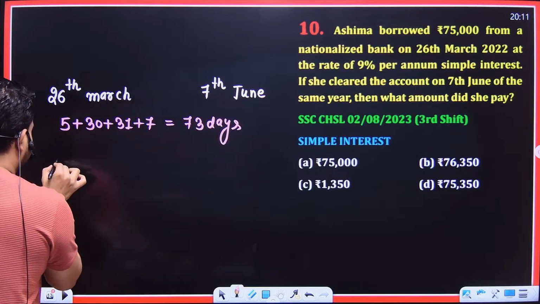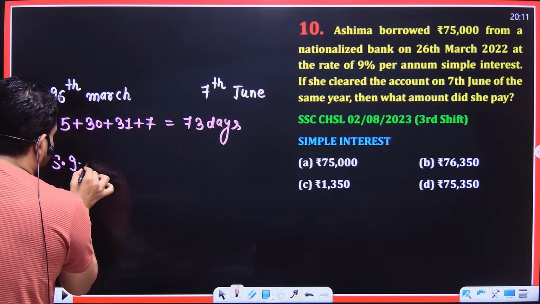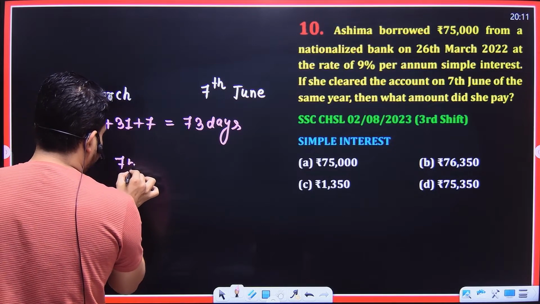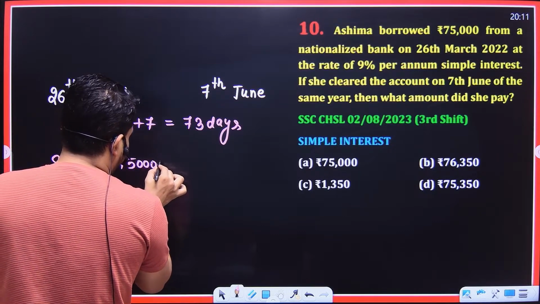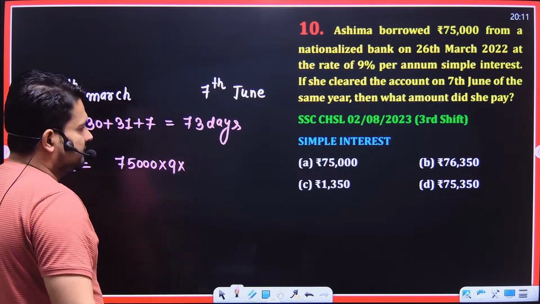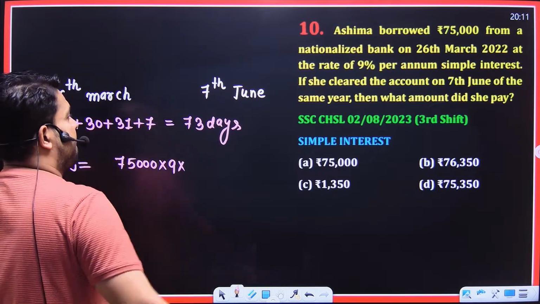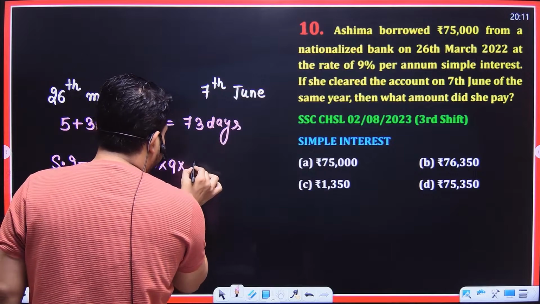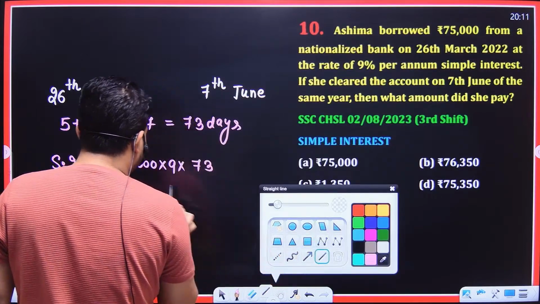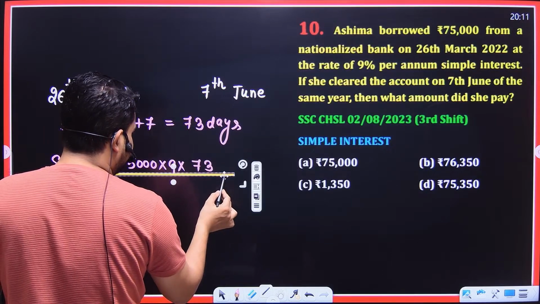We know that simple interest is equal to principal. Principal is what? 75,000. Principal into rate, 9%, into time, 73. See, in this formula, we feed time in years. If you want to convert your number of days into years, then what will you do?